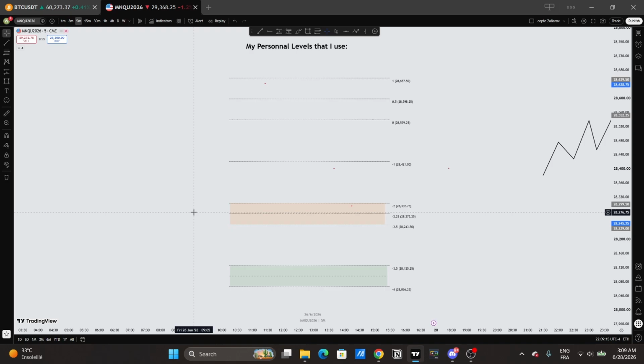Or if you want a higher RR, please just take some portions in this zone. One more thing about these levels is that the -2 to the -2.5 mark out usually those explosive moves in the opposite direction.